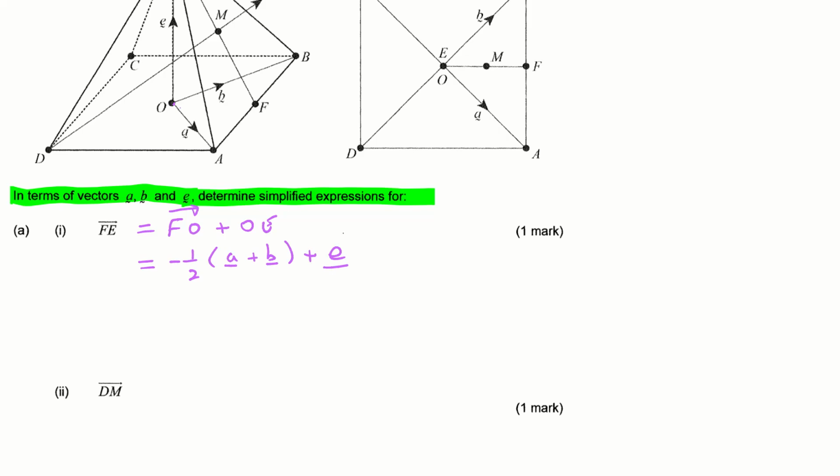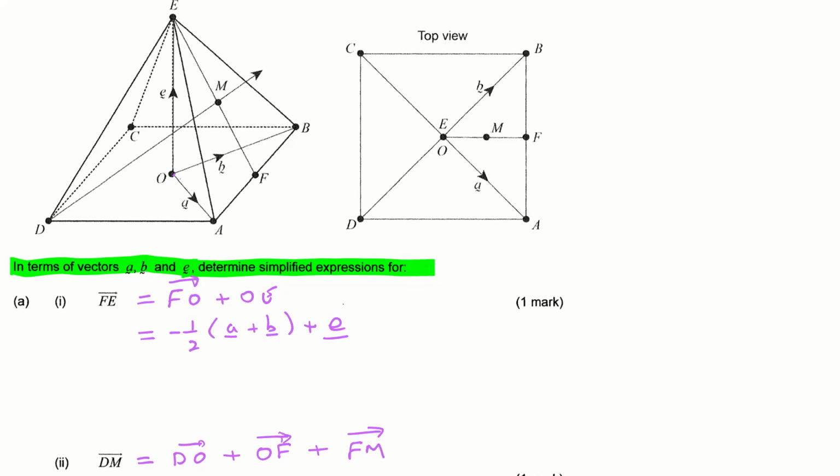We now want to do DM. Now I can do that as DO plus OF plus FM. So let's look at the diagram there. I'll work up here so we can see the diagram at the same time.